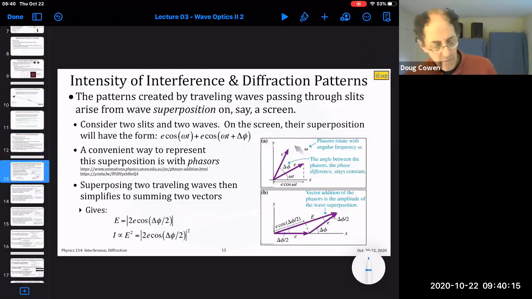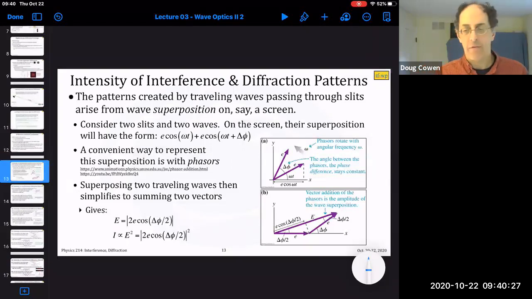Okay, so what I'd like to talk about now is the intensity of interference and diffraction patterns. The basic idea is that the light traveling through these slits continues after it has gone through as traveling waves, and they meet at some screen far away where they undergo superposition. It basically means we're just adding together each of these traveling waves at that point on the screen.